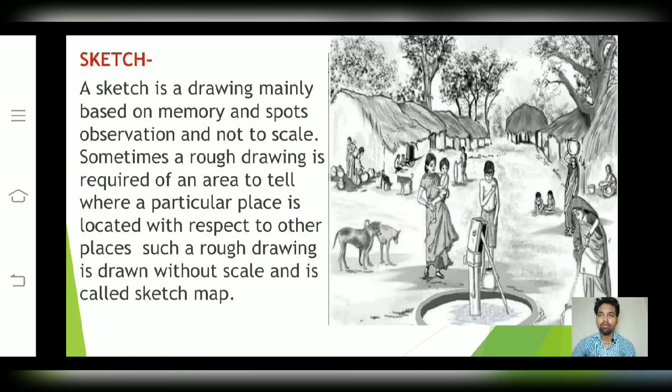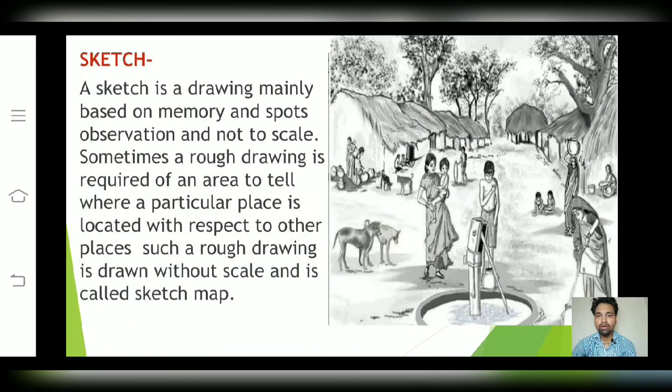So here what is discussed? A sketch is a drawing mainly based on memory and spot observations and not to scale. Sometimes a rough drawing is required. Friends, here scaling is not an important part because you are not observing any scene with reference to scale.